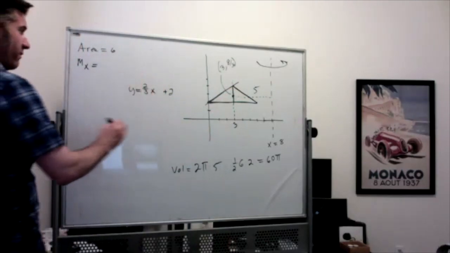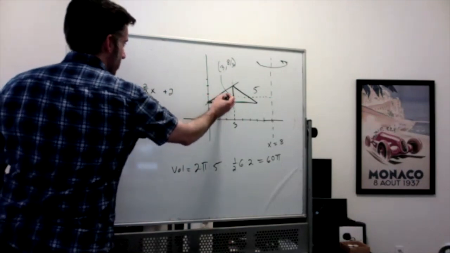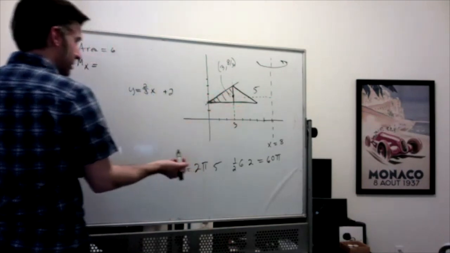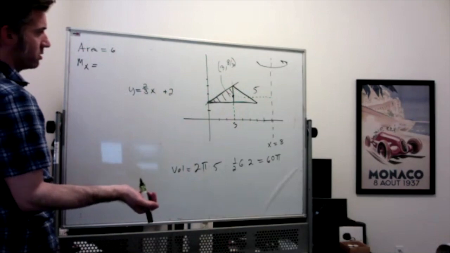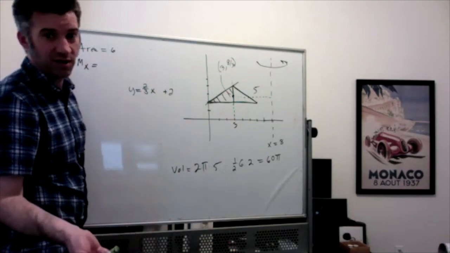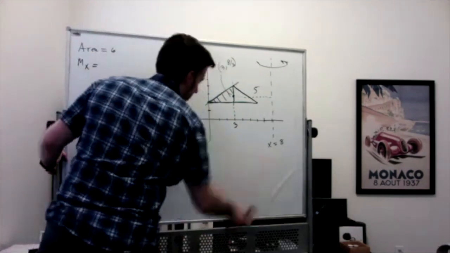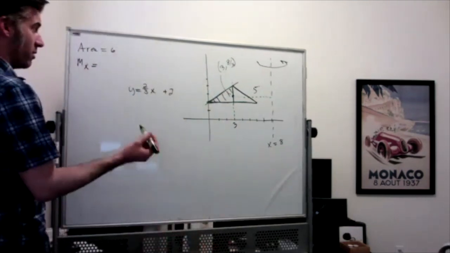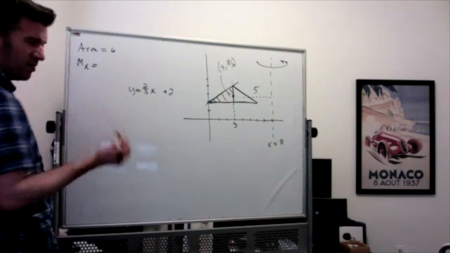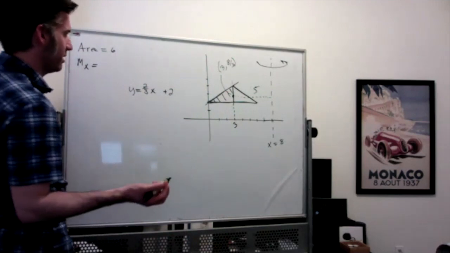Okay, so then if I want to find the moment of this region around the x-axis, I'm going to use the terrible formula, I guess. Do I really want to use the terrible formula? Yeah, I guess I can do it.